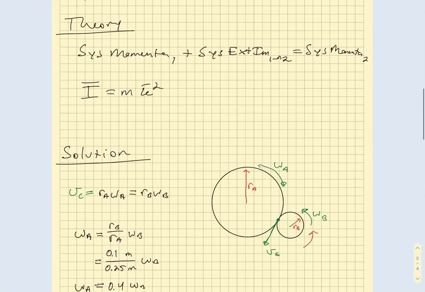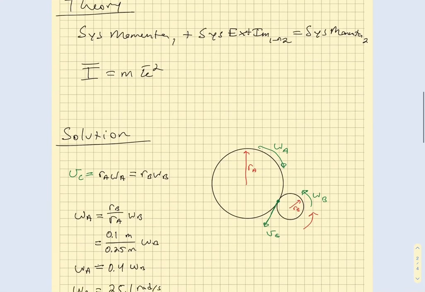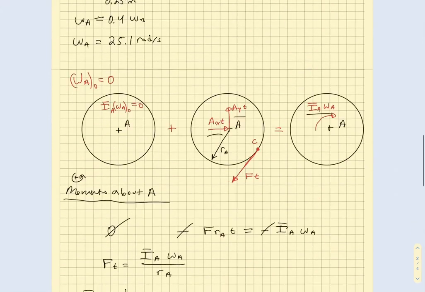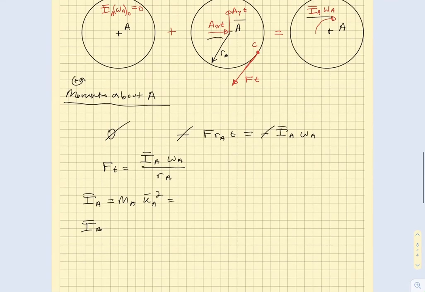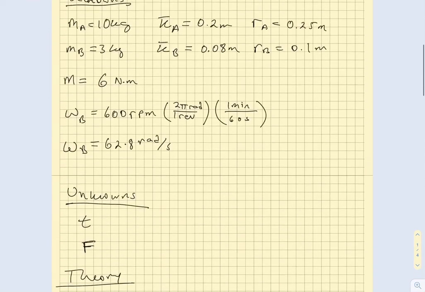And we'll leave it in this general form here. We didn't really talk too much about I bar A in this equation. We can find I bar A as well as I bar B. That's equal to the mass multiplied by the radius of gyration. Did I forget a 1/2 term up here?